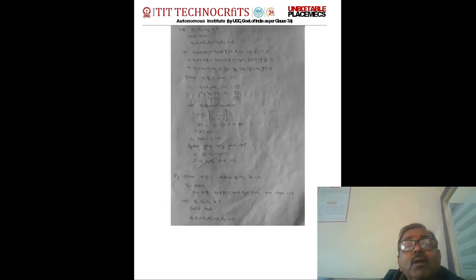Now we apply the condition of linearly independent vectors: a1 E1 plus a2 E2 plus a3 E3 equal to 0. Now put the values of E1, E2 and E3 in this condition, and after simplification we get three equations: a1 plus a2 plus a3 equal to 0, a1 minus a2 minus 2a3 equal to 0, and a3 equal to 0.